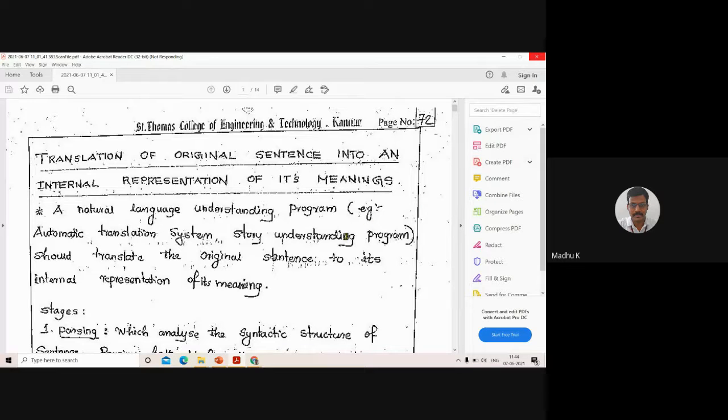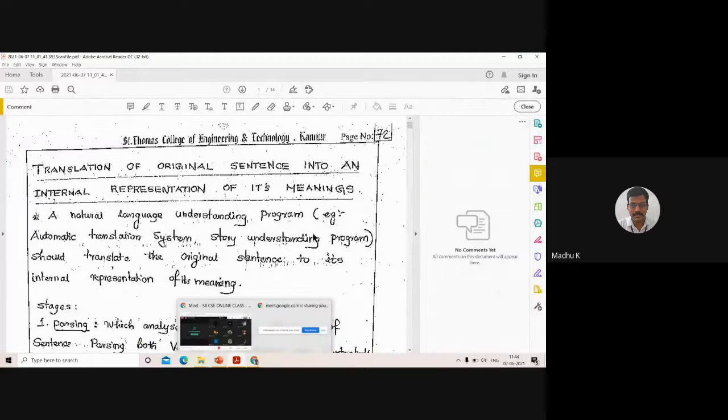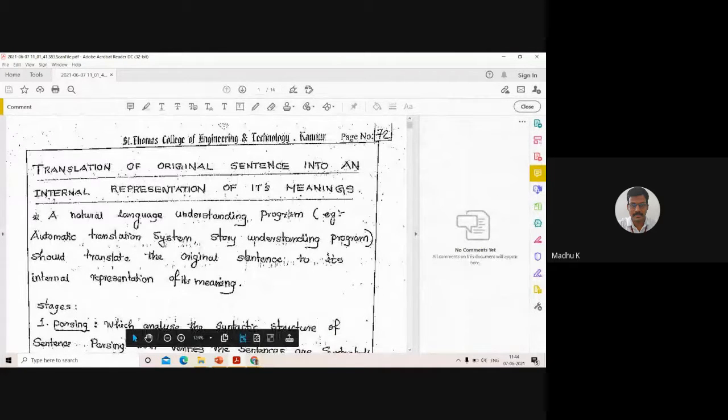After the parsing step, what will we do? We will do semantic analysis. So the first stage is parsing and the second stage is semantic analysis.